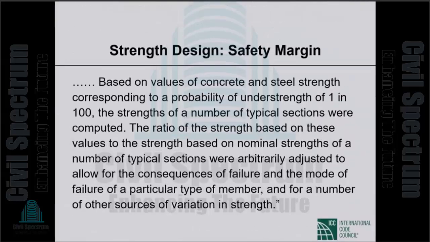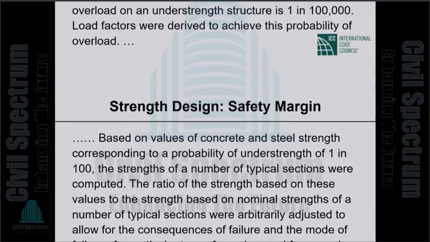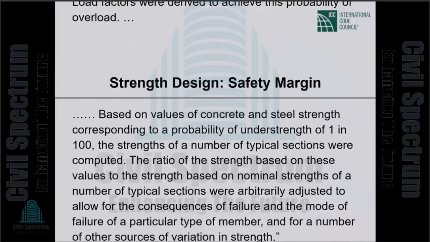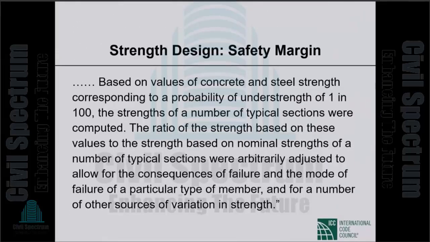So the load factors were based on this probability of overload, 1 in 1,000 members being overloaded. Based on the phi factor, based on values of concrete and steel strength corresponding to a probability of understrength of 1 in 100, the strengths of a number of typical sections were computed.